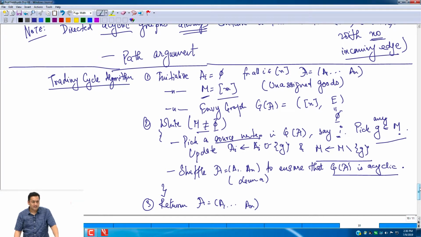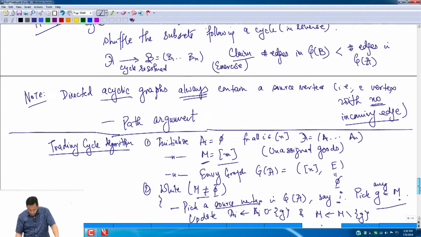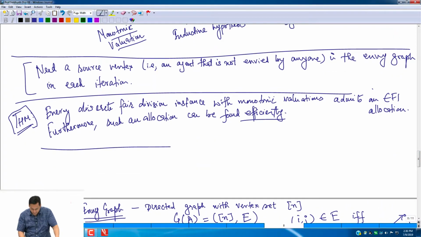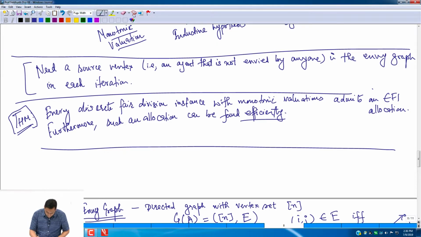Okay, that's the algorithm. Here's the theorem statement.